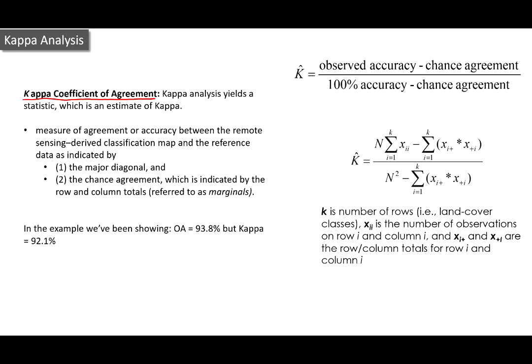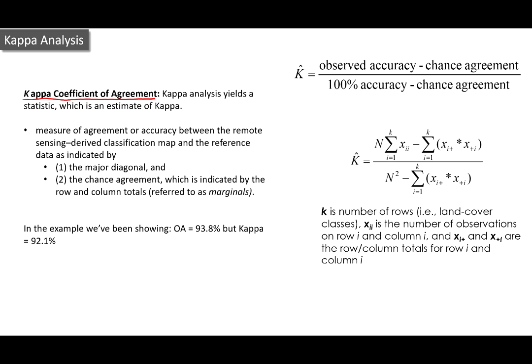So the fact that you train a max likelihood classifier and get 60% accuracy doesn't really mean you're anything special. It just means you're 10% better than what would happen with random chance alone. So kappa gives you this skill metric to say, how much better are you than random chance? By you, I mean the algorithm, really, or your classification workflow.